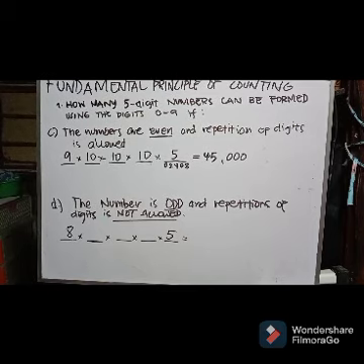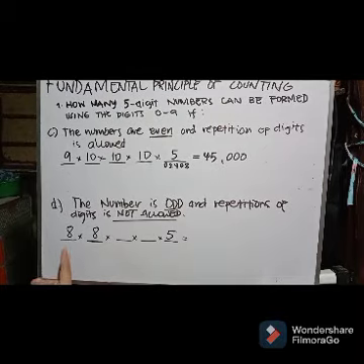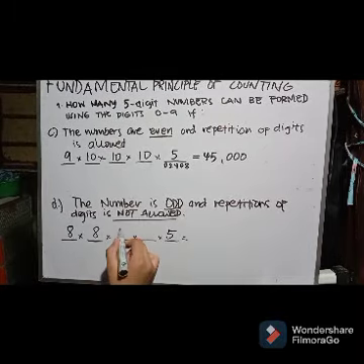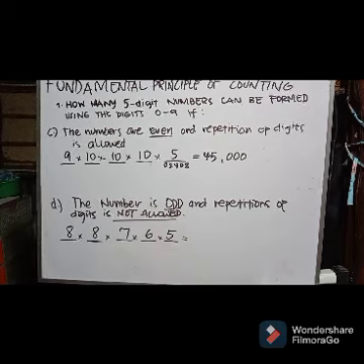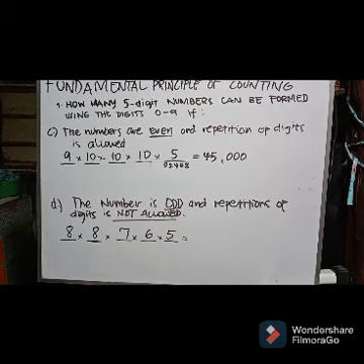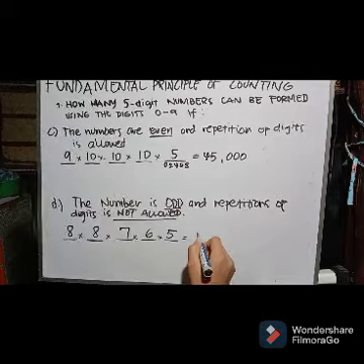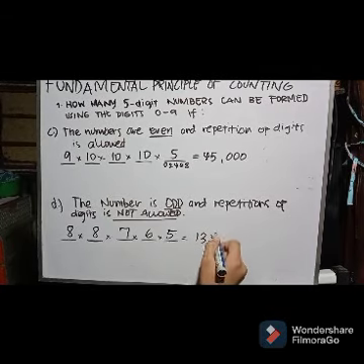And next is 8 also, because 2 are already used. So next is 7 and 6, because repetition is not allowed. If we multiply all of them, the answer will be 13,440.